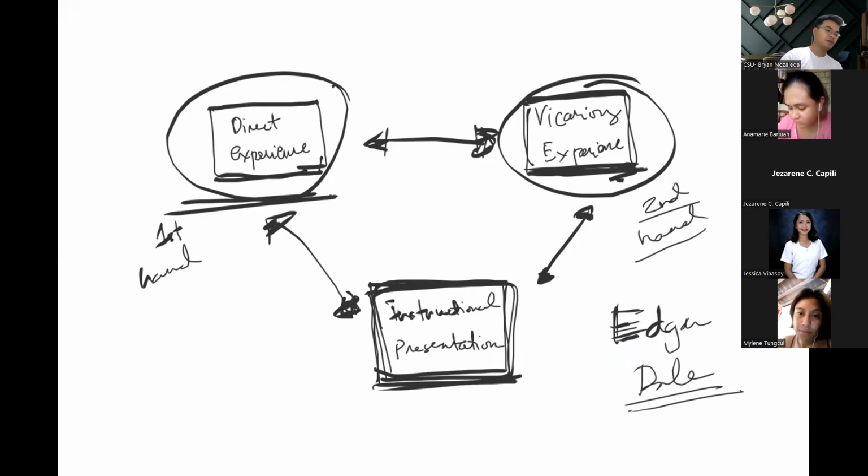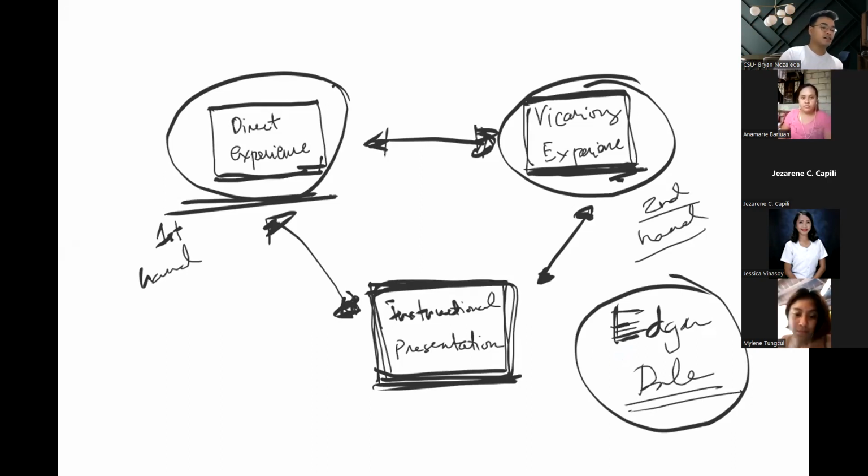Okay, and that will be our lesson for next meeting. So we have this first, and then next meeting we'll discuss Edgar Dale's cone of experience and Jerome Bruner's three-tiered model of learning. All right.